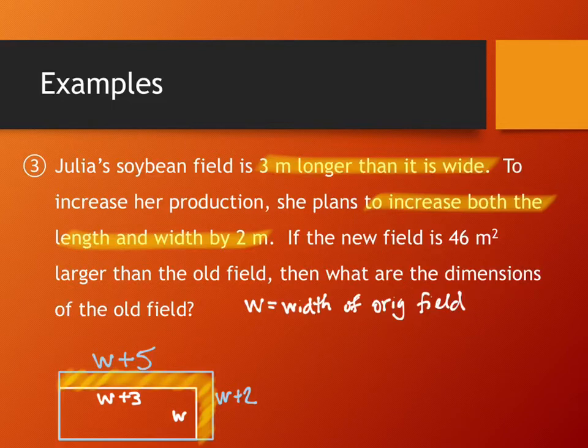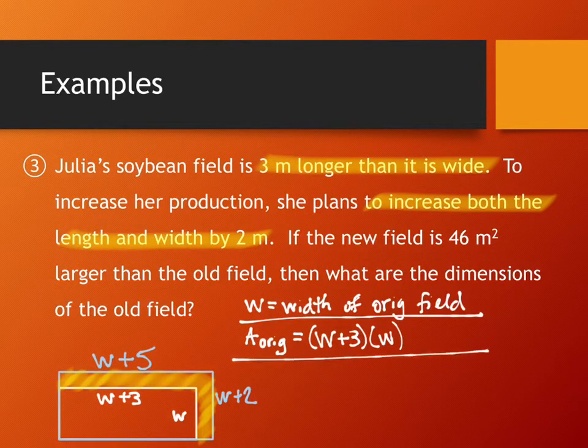So let's actually write down those 2 area formulas, much like I wrote down that this W is the width of the original field. So my area of my original field, the small one, what would the area equation be for my small field? W plus 3 times W, you're right. Length, W plus 3 times width, W. That's my original area.